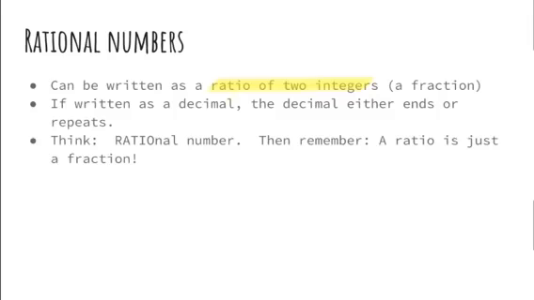You can always take fractions and turn them into a decimal, and if it's written as a decimal, the decimal either ends or repeats. Think rational with the word ratio in it. And then remember, a ratio is just a fraction. So any number that can be written as a ratio is rational.